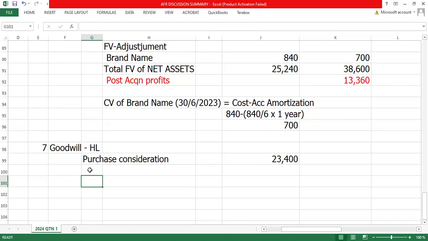Then we erase the parent's share on net assets at acquisition.